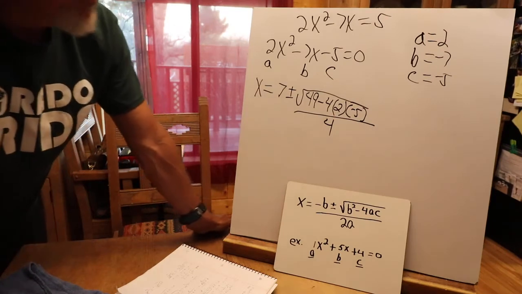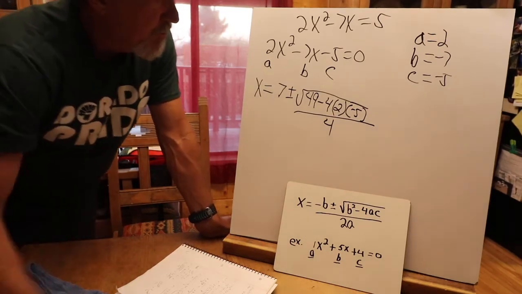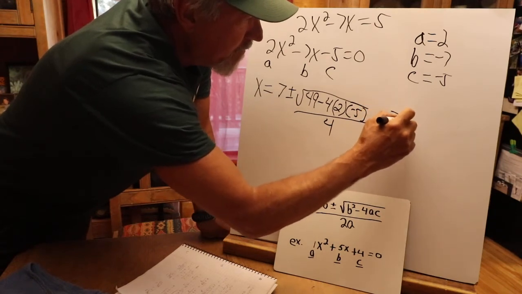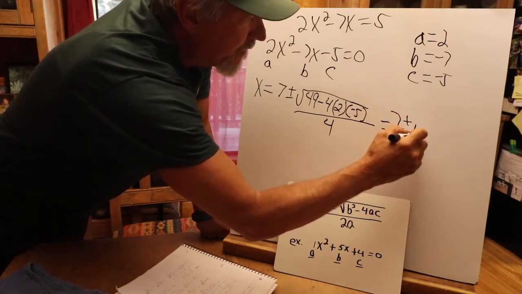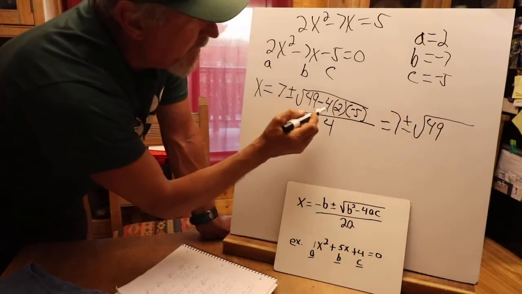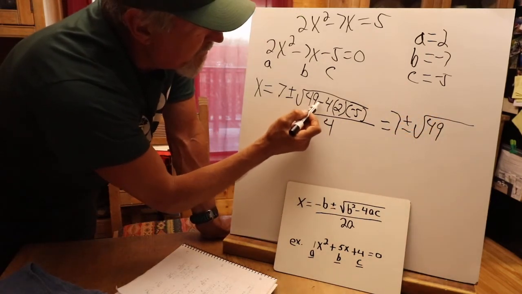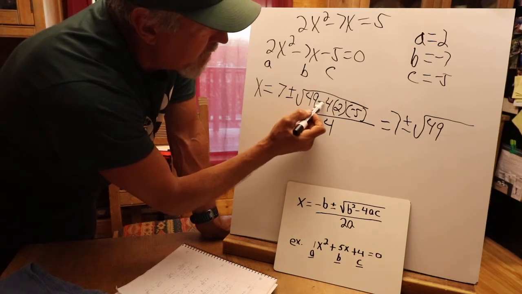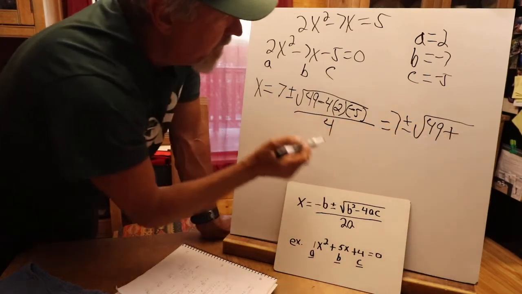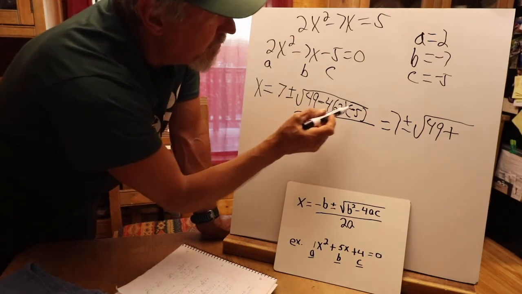Now it's just a matter of cleaning the problem up. So here I go. 7 plus minus my 49. And then remember how this works. I have two negatives again. I have a minus in the middle and I have a minus at the end. So this is going to be plus. And then I'm going to multiply 4 times 2 times 5.